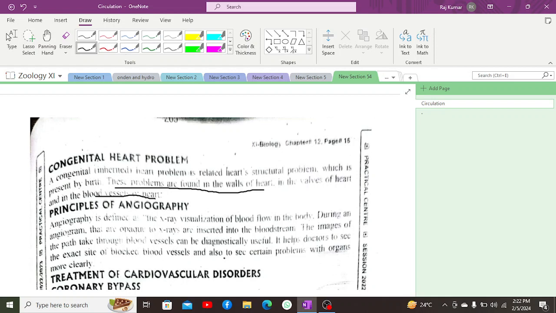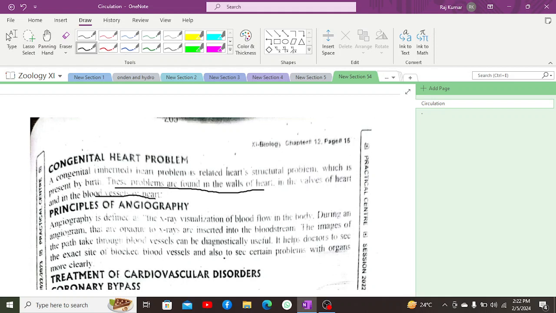But in a congenital heart problem, the foramen ovale is not closed, and this causes blood to be supplied directly from the right atrium to the left atrium, due to which oxygenated and deoxygenated blood is mixed, and thus this leads to a bluish color appearing over the skin, which is known as cyanosis or blue babies.